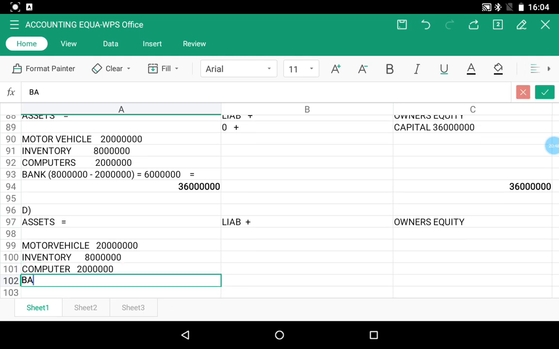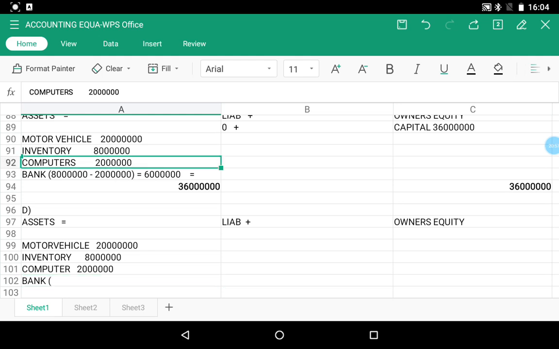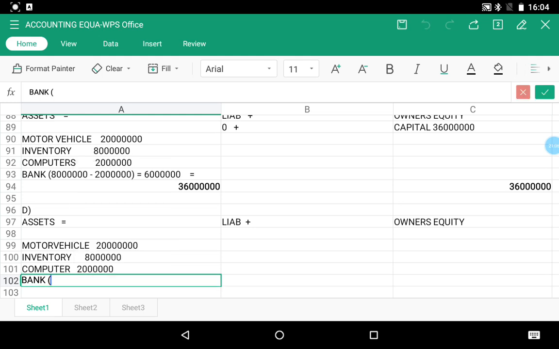Then we have our bank. When you check our bank, we were having a balance of 6 million here at the bank. That means we are going to first get 6 million, the balance of bank.